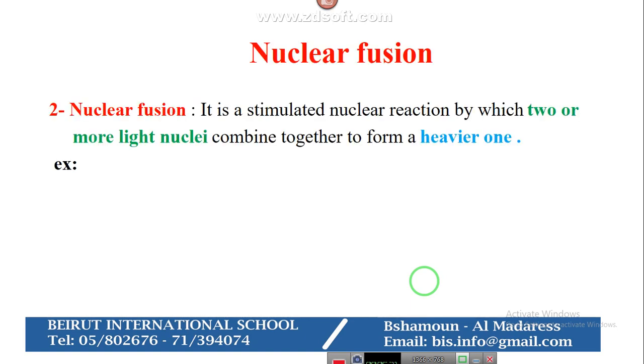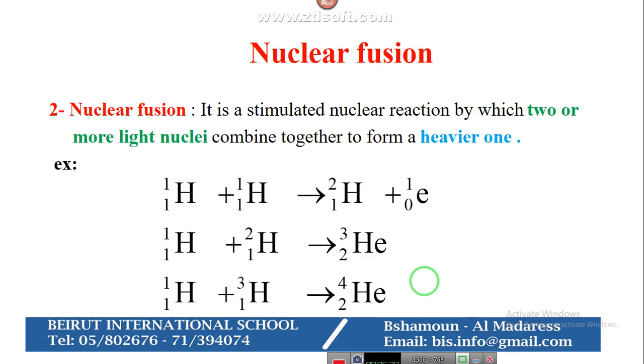The second type of stimulated nuclear reaction is nuclear fusion. Nuclear fusion is a stimulated nuclear reaction by which two or more light nuclei combine together to form a heavier one. For example, proton plus proton gives deuterium plus positron.